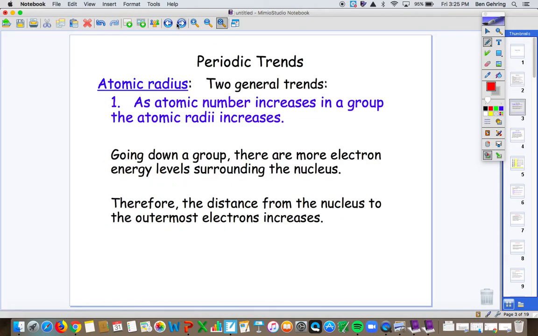So for starters, we have atomic radius, and I didn't actually give you a definition for atomic radius. So atomic radius is the distance between two nuclei of the same atom bonded together. Same element bonded together.